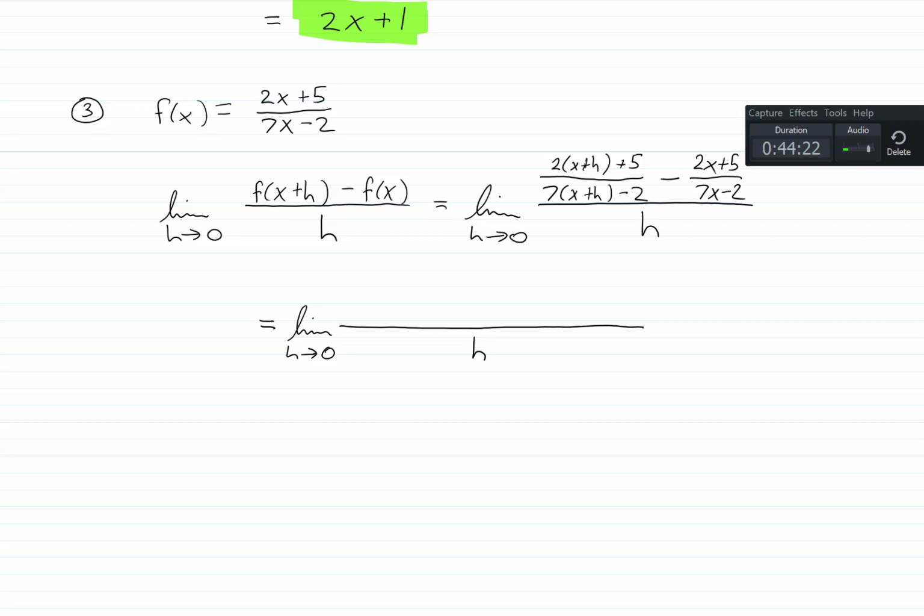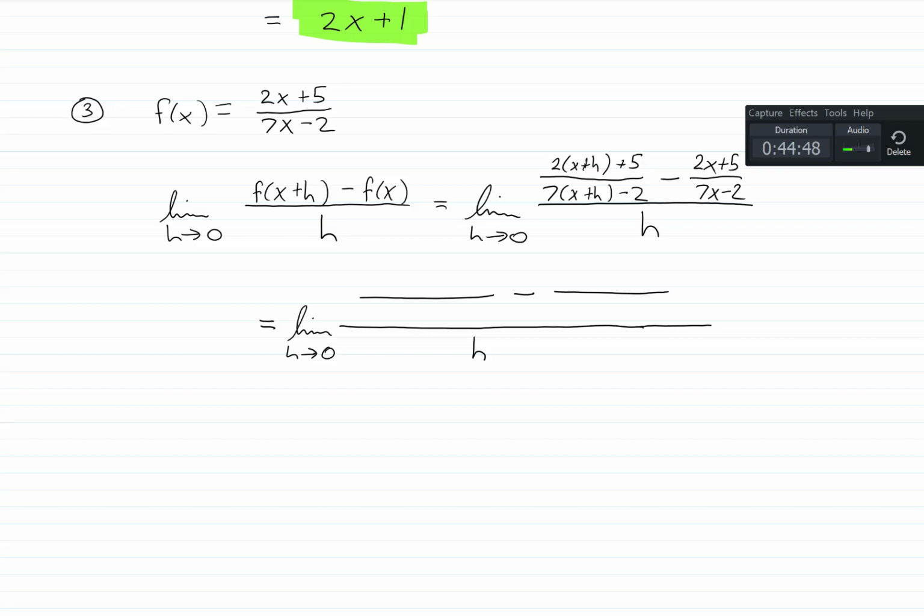Okay? Alright, what do I have on the top? I have one fraction minus another fraction. Okay, let's start by writing that. One fraction minus another fraction. Okay. What do I need in order to subtract one fraction from another?